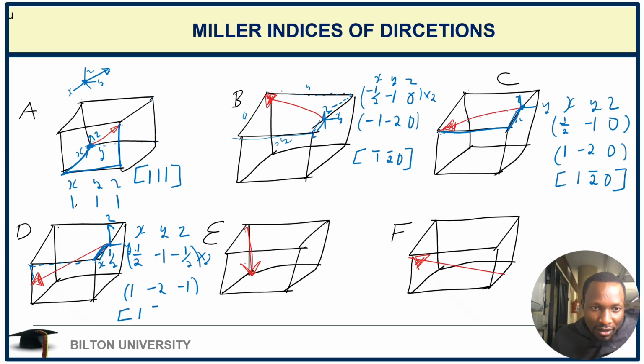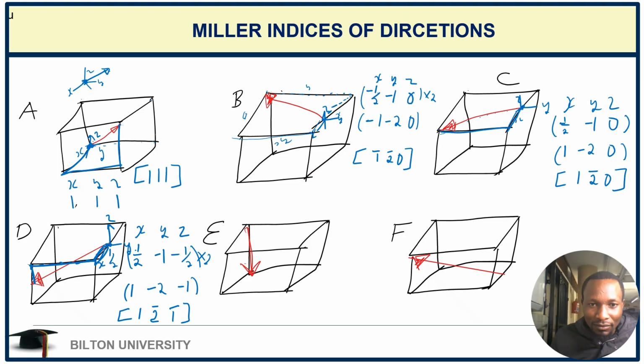We said everything minus becomes a bar, so we get 1, bar 2, bar 1. So this is the Miller indices or Miller notation of diagram D. It comes from this point, moves this full length, and then moves here. I hope you can now do E and F. Pause the video and try E and F.